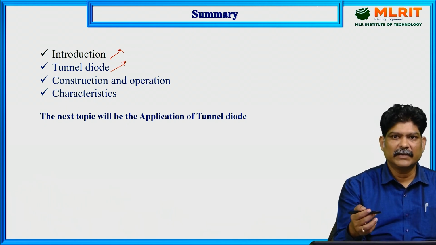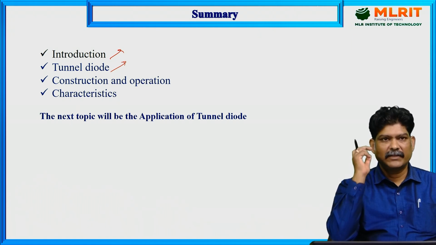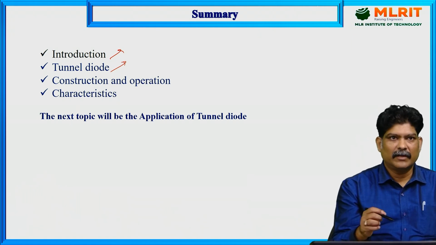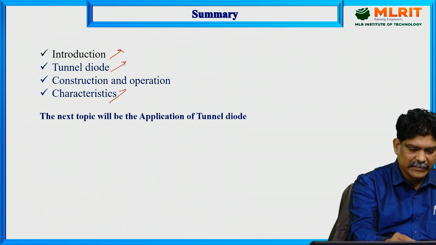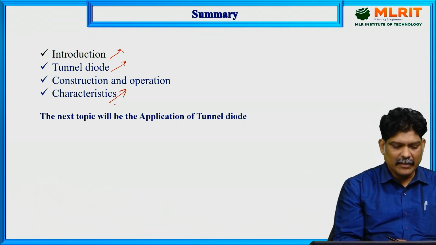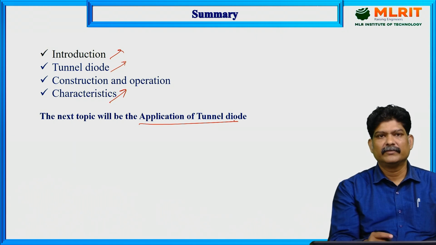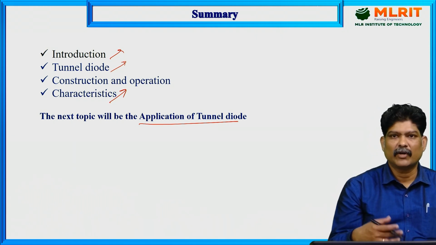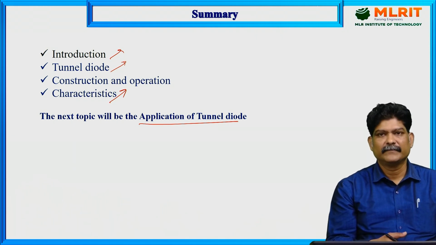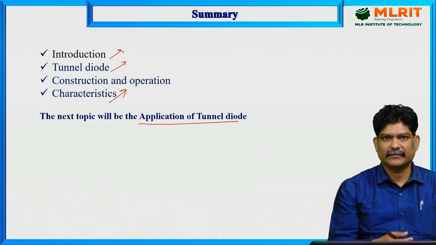This is the basic nature of the tunnel diode. We have seen the characteristics of the tunnel diode, and probably the next topic will be applications of the tunnel diode, where we can utilize this concept of the tunneling effect for specific applications. Thank you.